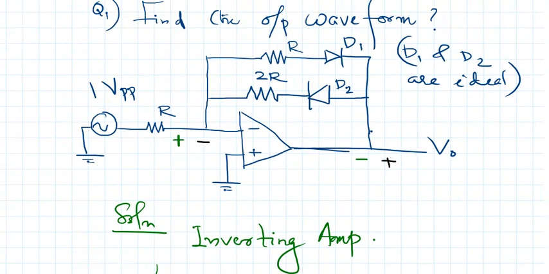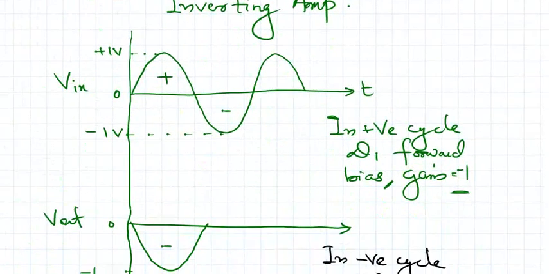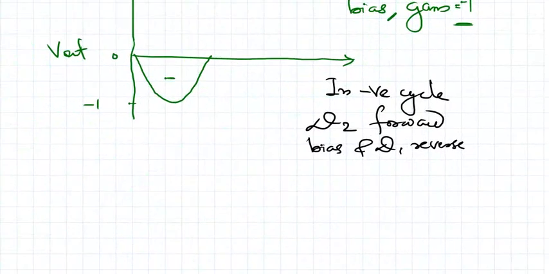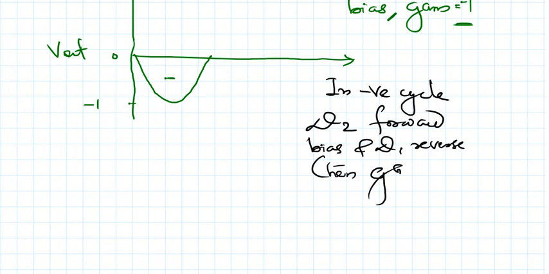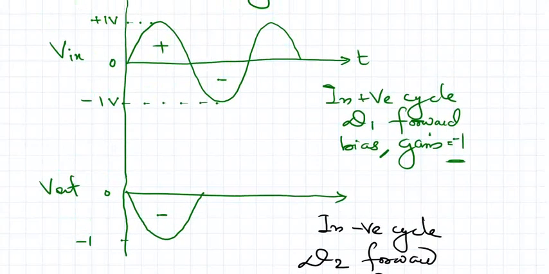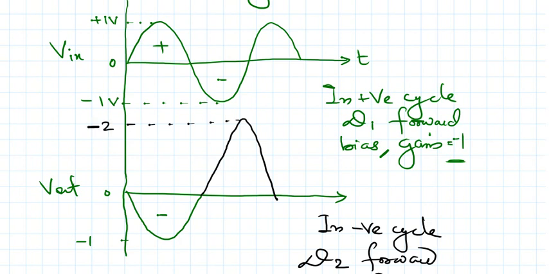So this is a closed circuit. So at that time the gain is minus 2R by R, that is minus 2. Okay, so on the negative cycle you will get a signal like this, and this voltage is plus 2 volts.